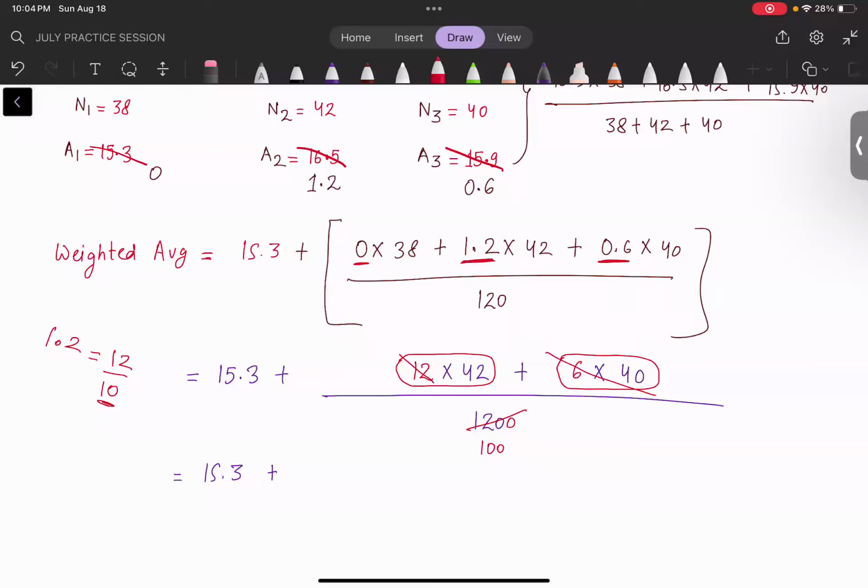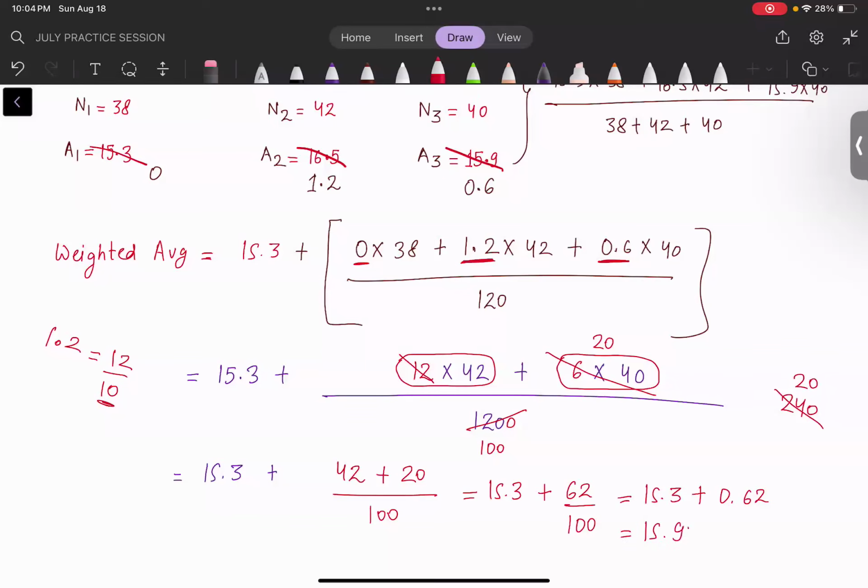So from 240 if I cancel 12, I will get 20. So now what I am getting is 42 into 1 plus 20 divided by 100. This gives you 15.3 plus 62 by 100. That means 15.3 plus 0.62, and that is 15.92.